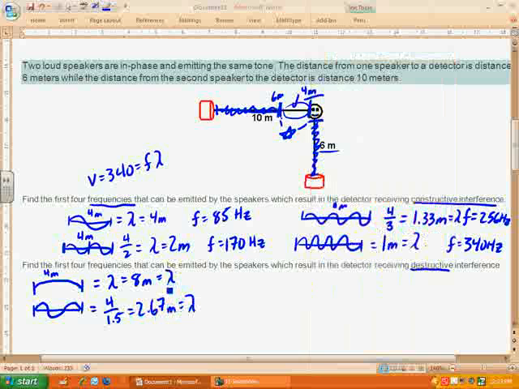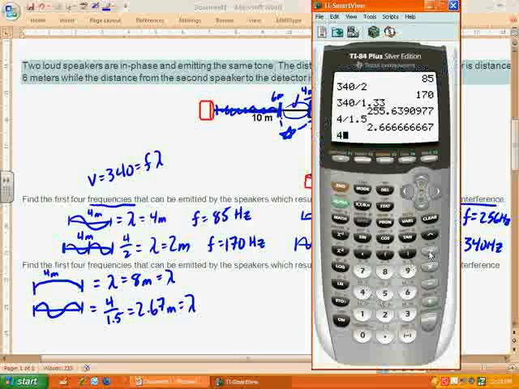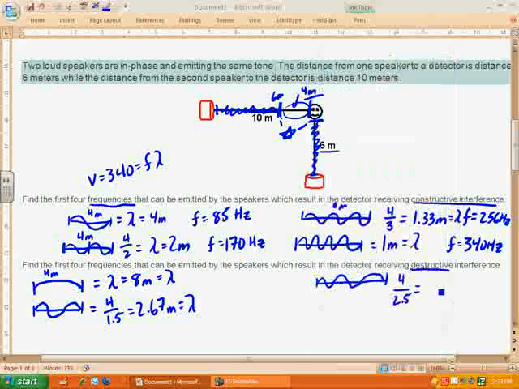Again, next one. In that 4 meters, I could go through 2.5 waves, right? So if I take that 4 meters and divide it by 2.5 cycles, I get 1.6. So the wavelength could be 1.6 meters. Right? So hopefully you can kind of see the pattern that's occurring, right?